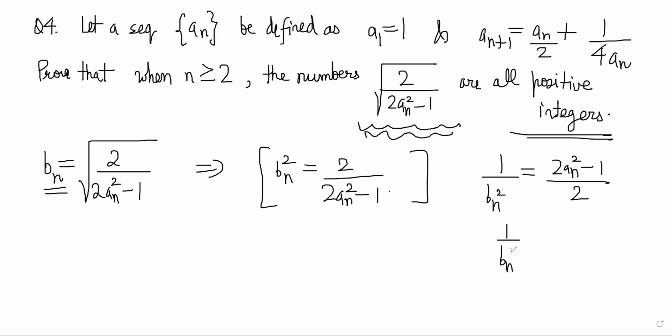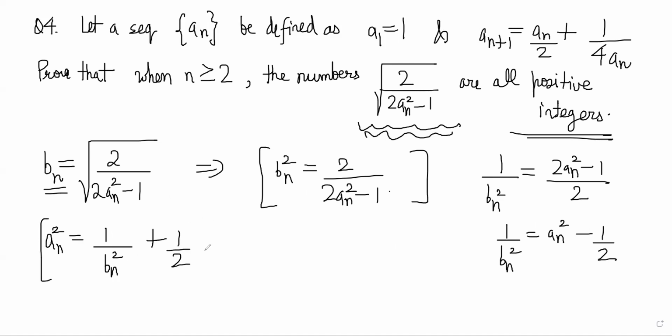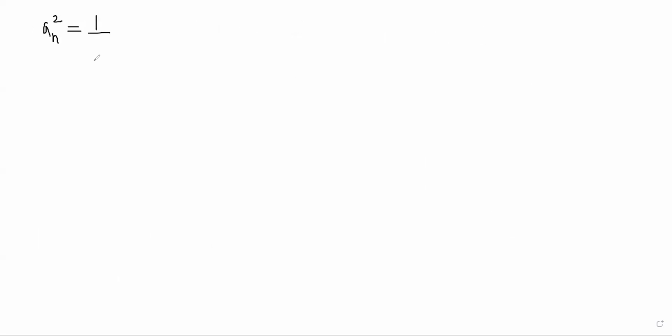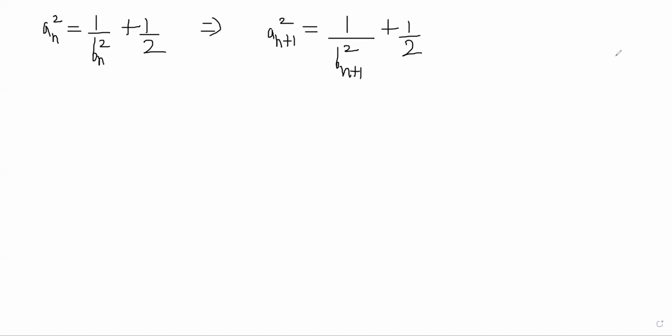So 1 by bn square is equal to an square minus half, right? So therefore we are getting an square is equal to 1 by bn square plus half, right? Okay, so let's work on the next screen. We have an square is equal to 1 by bn square plus half. So that implies that an plus 1 square will be 1 by bn plus 1 square plus half, right? Now we have a condition on an, right?